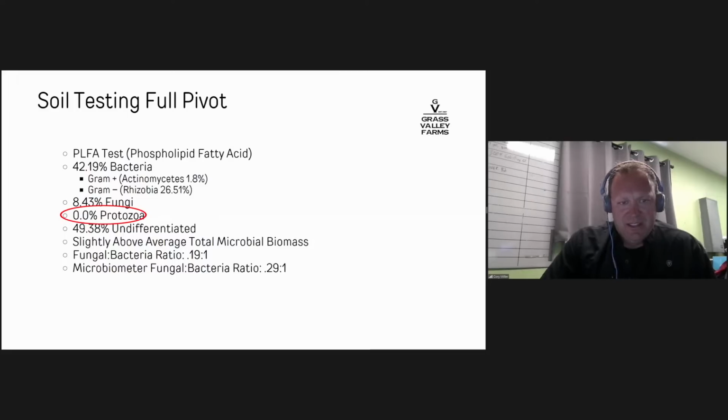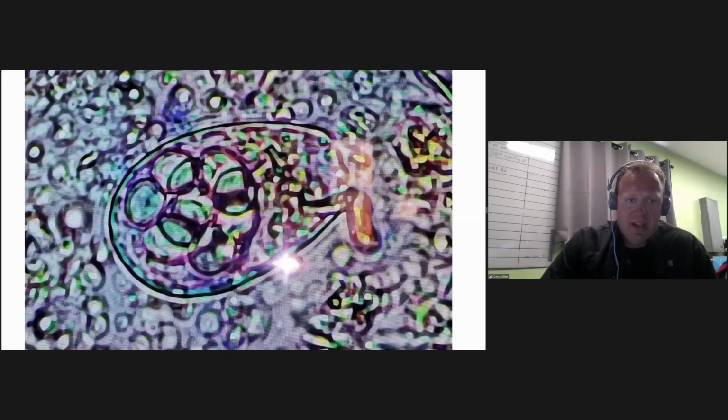What I found out is this test is not really indicative of the protozoa that you have. So I focused on microscopes and taking samples, and as I was looking in my soil, I was finding testate amoeba with the potential for major reproduction happening. It told me that my soil really wasn't as bad as the standard scientific test showed.